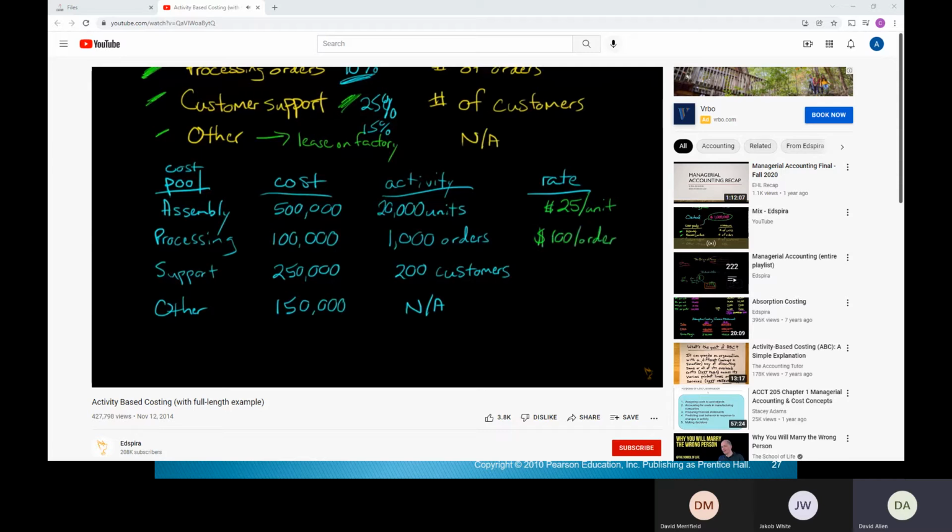Now we take the 250,000 support costs, divide it by the 200 customers that we're expecting to have, and that's going to give $1,250 in cost per customer. And again, we don't have a rate for other because we're not even going to consider that with our ABC system.